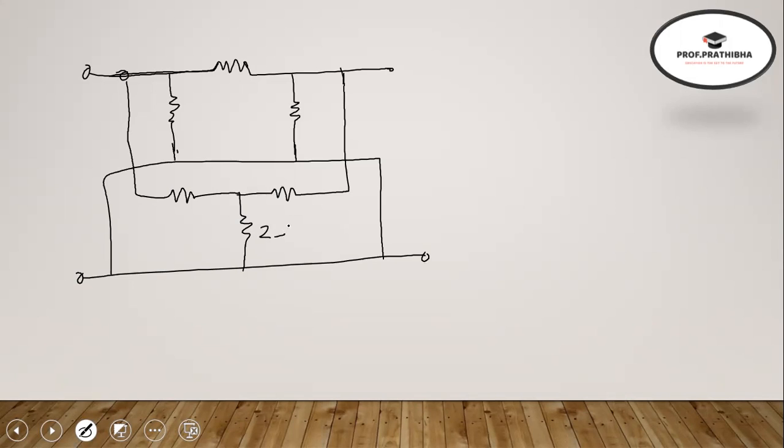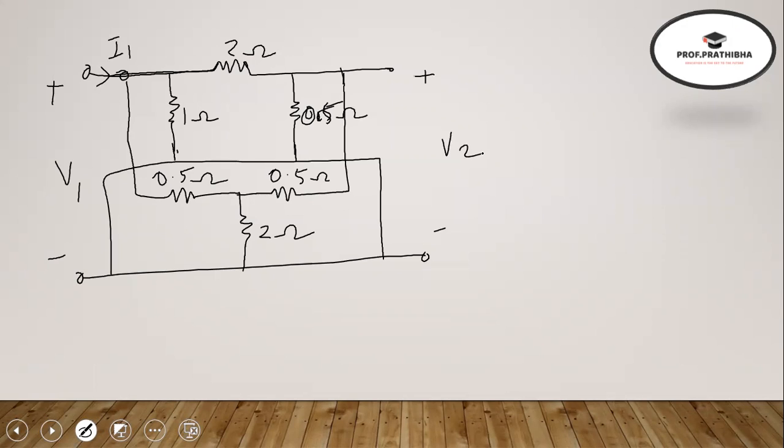So this is 2 ohms, this is 0.5 ohms, this is 0.5 ohms, this is 1 ohm, the 2 ohms, and 0.5 ohms. And this is your plus minus V1. This current is I1. This is plus minus V2, and your current is I2, right? So now I have got two networks in front of me.